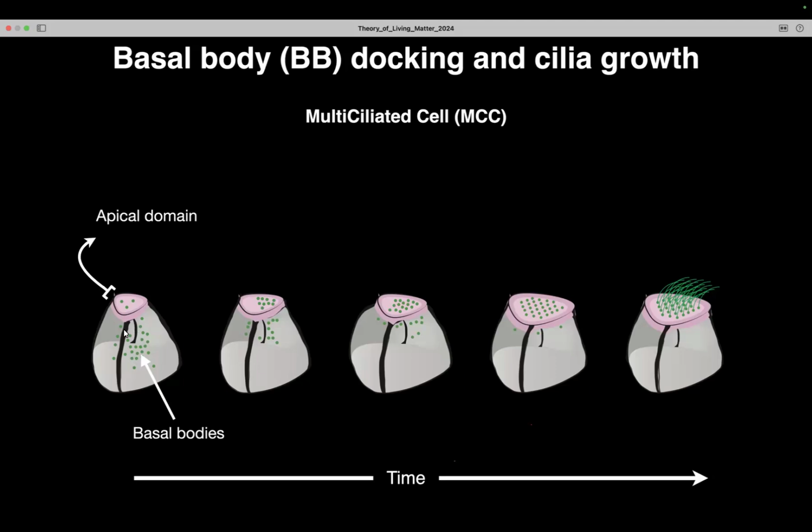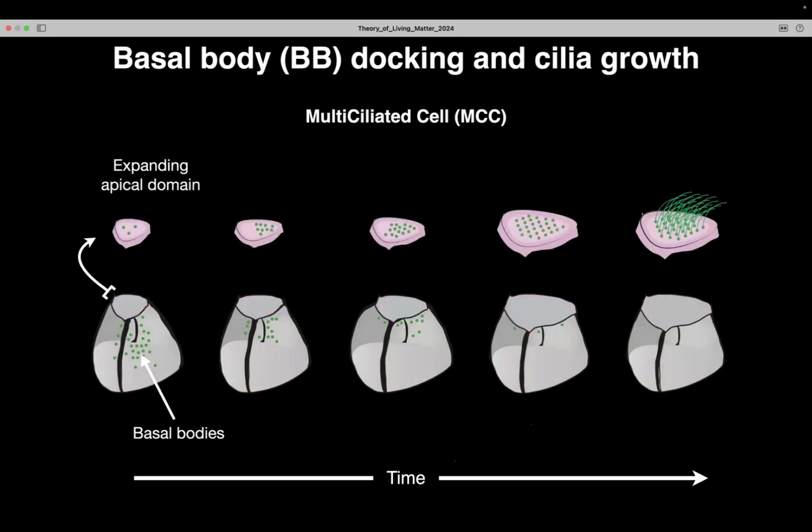As the multiciliated cell undergoes differentiation, the basal bodies move from the bottom towards the apical side of the cell. They get distributed within the apical side and then get patterned. This proper organization of the basal bodies within the apical domain is very important to get the synchronized beating of cilia.